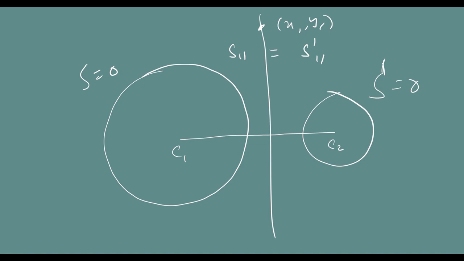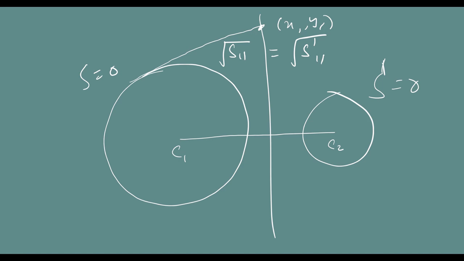Now these two powers are equal. Now observe that these powers are equal means their square roots are the same. I can talk about square root because in this case the point is lying outside the circles. Okay, so root S11 is positive, so I can talk about it.